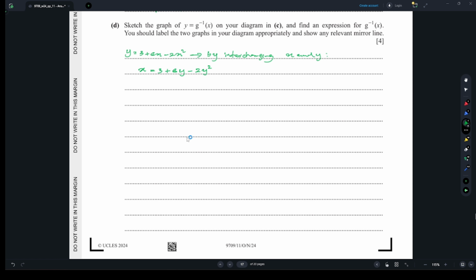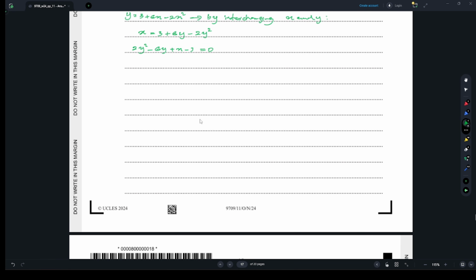And then you have to solve this one for y. So I will bring everything to the left side. Y square minus 6y plus x minus 3 equals 0, right? And so this is an equation for y, a quadratic equation.